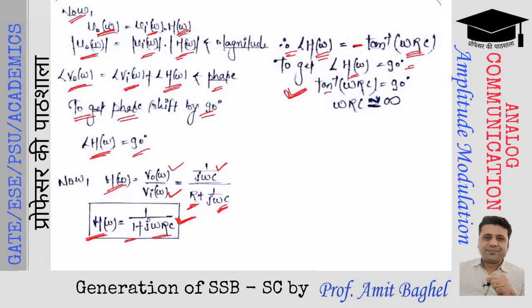That means, taking tan inverse to the right hand side, you will get ωRC equals tan 90, and tan 90 is always equal to infinite.